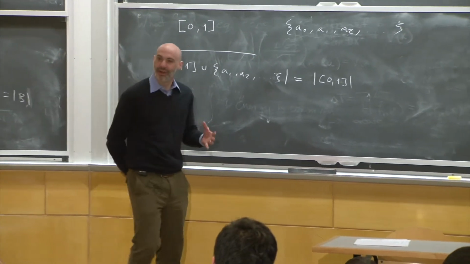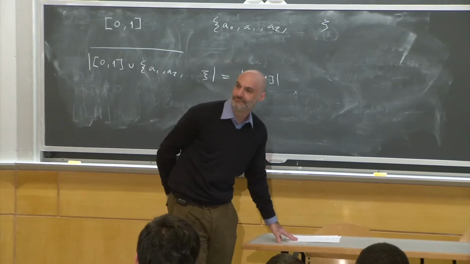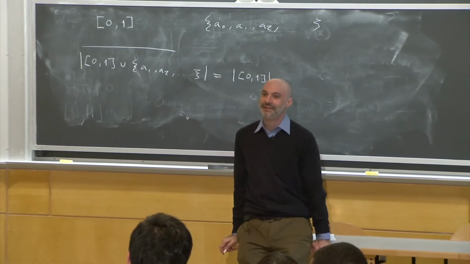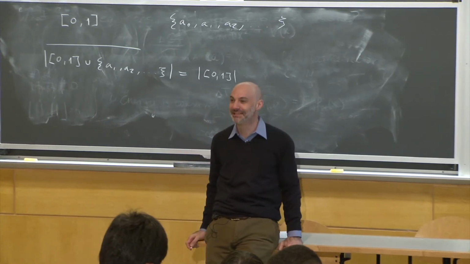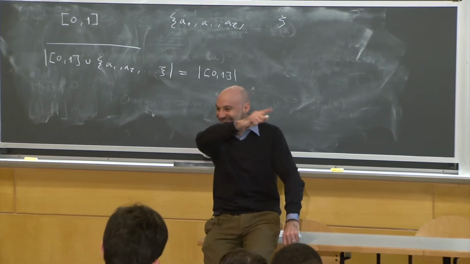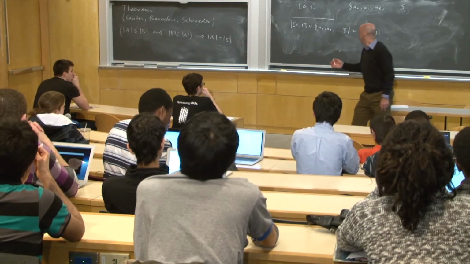Does anyone have thoughts about how to prove that? It'll be so simple that when you see it, you'll think, ah, I knew that. Yes? Just to make sure I understand this, A0, A1, this is just like all the natural numbers, right? They could be natural numbers.